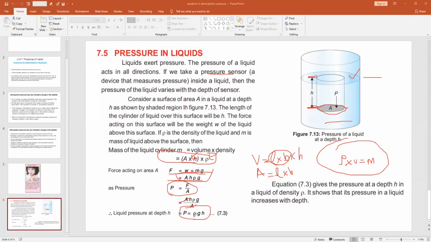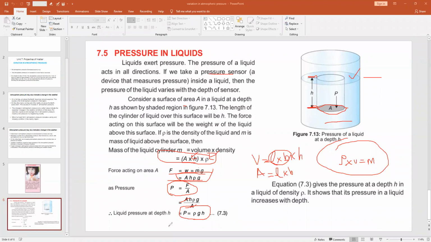This rho is the density of the liquid, g is gravity, and h is the depth. So we can say that the pressure in a liquid is directly proportional to the depth. If we have more pressure, it means we have more depth. If we have less pressure, there will be less depth. So this is the formula of liquid pressure, P is equal to rho gh.